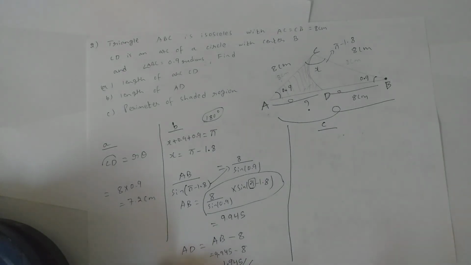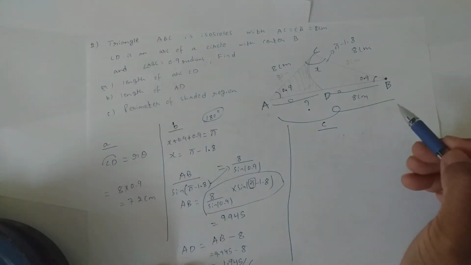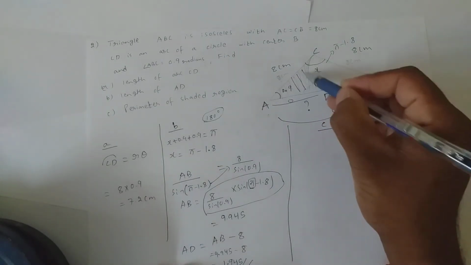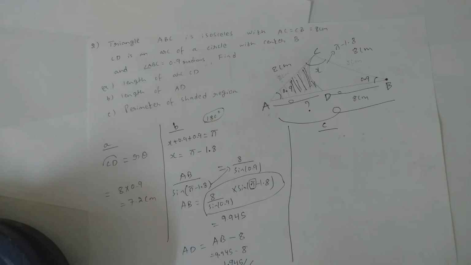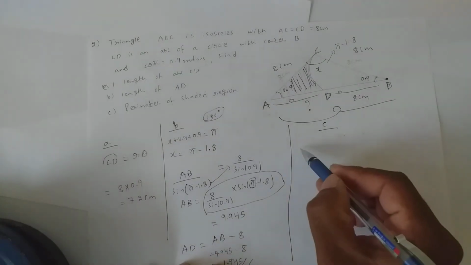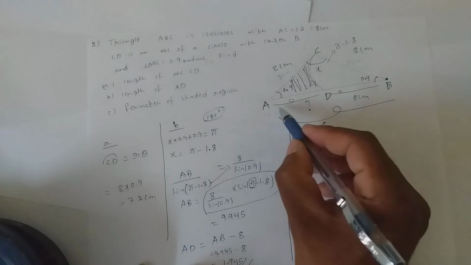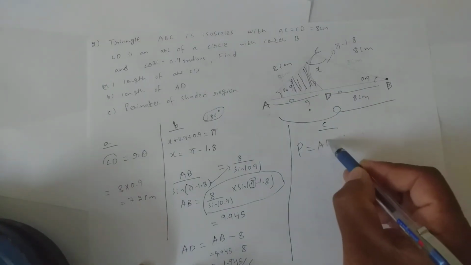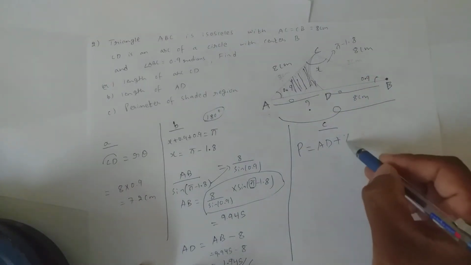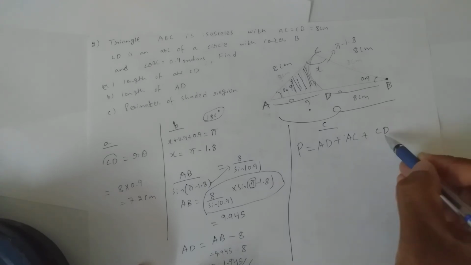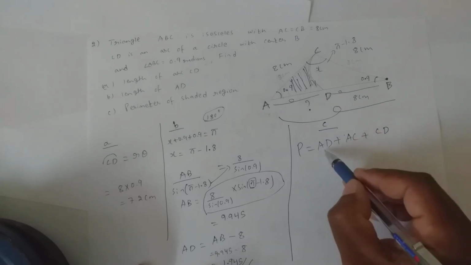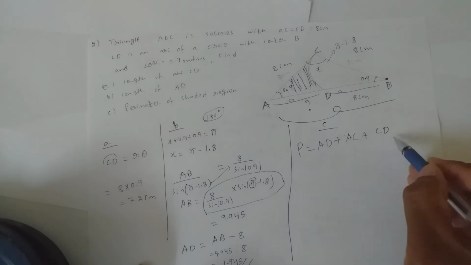Yeah, now look at C. In C, what is he asking? Perimeter of shaded region. This entire thing is shaded. Perimeter means the boundaries of it. So the entire boundary I will get by adding AD plus AC plus arc CD. If I write only CD, there won't be any difference between a straight line and the arc length.